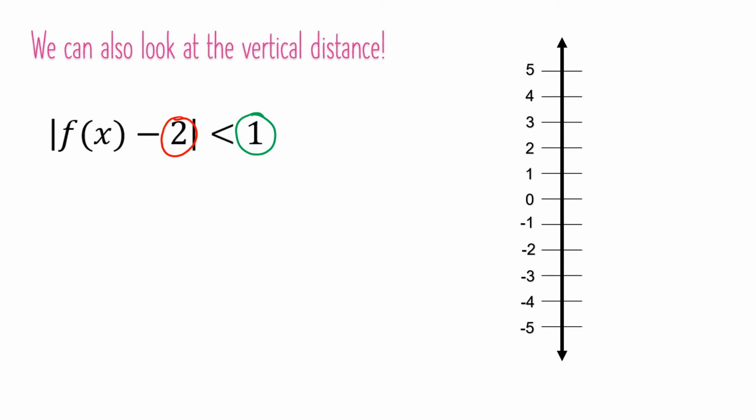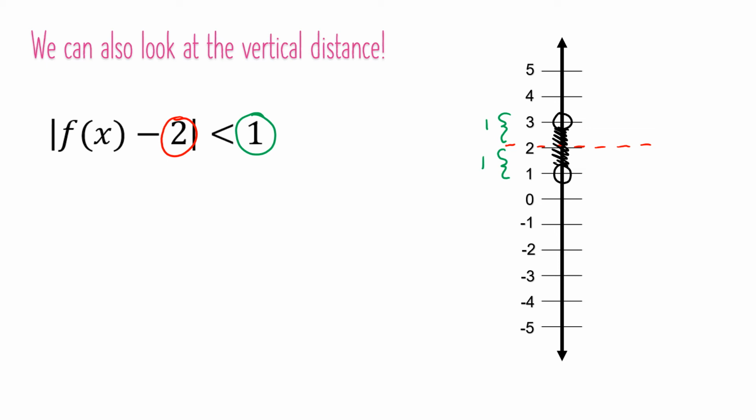So that means we're centered at 2, and we're 1 away from 2 on either side. So we have an open circle at 1, an open circle at 3, and we can be anywhere between those.